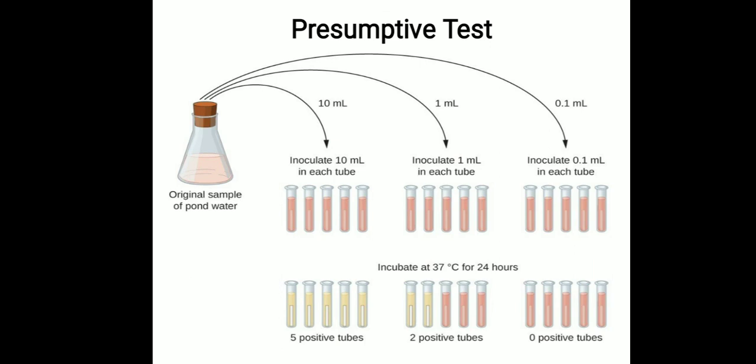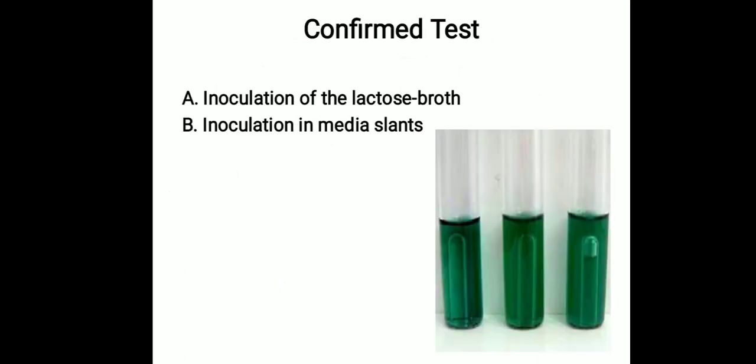Then for the confirmed test, this is how the result is interpreted. In case of positive, you will see formation of gas in lactose broth and demonstration of a coliform-like colony in the EMB agar, which indicates the presence of a member of the coliform group in the sample examined. The coliforms produce colonies with greenish metallic sheen, which differentiates them from non-coliform colonies.